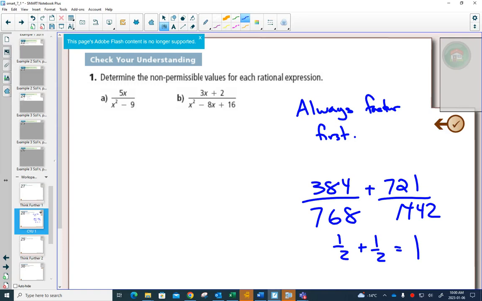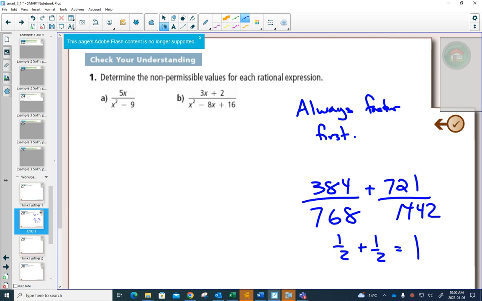So what we want to do is simplify our fractions, right? Because if this was 1/2 and this was 1/2, that makes life a lot easier. But if it's more complicated, then it makes it harder.